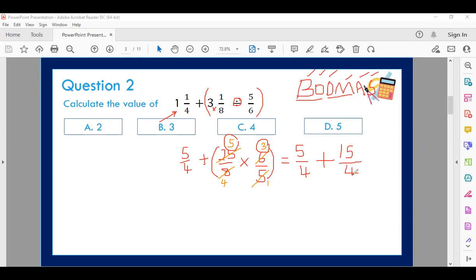Makes our life very easy now. Why? Because the denominator is the same. We can straight away add. 5 plus 15 is 20, and divided by 4, your answer should be 5. So D should be the correct answer.